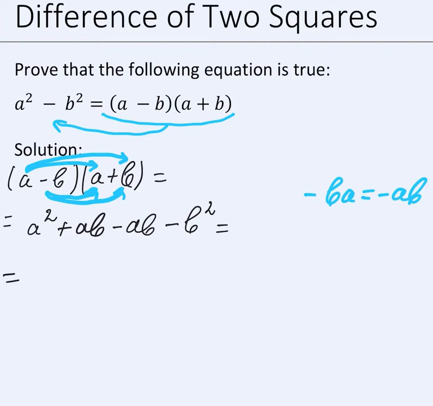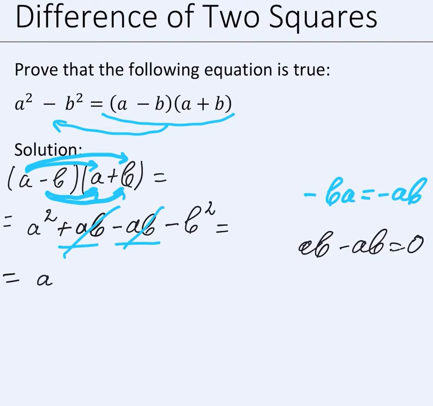When we look at the middle two terms, plus ab and negative ab, they are the same terms with reverse signs. Therefore, when we add them, they equal 0. Therefore, they cancel out.